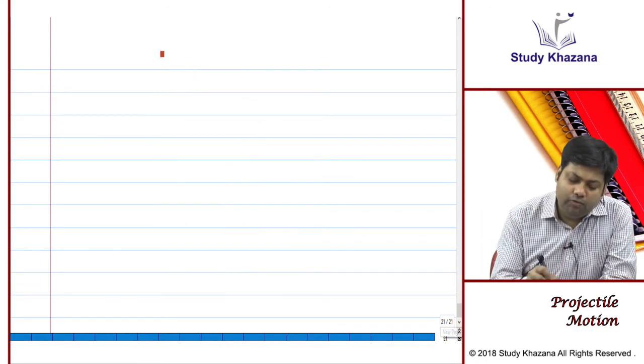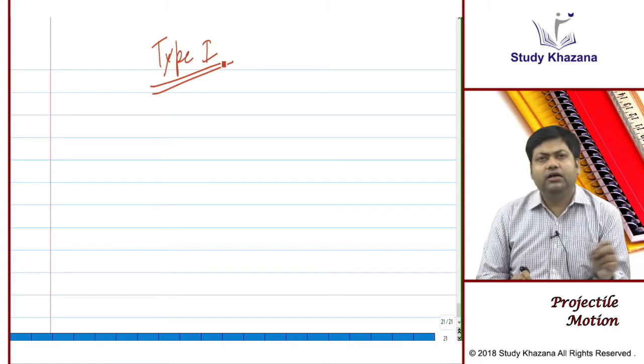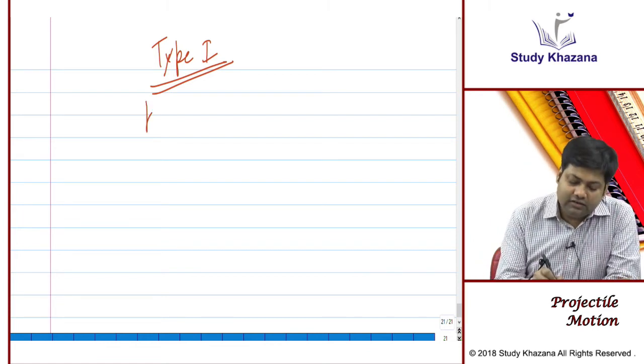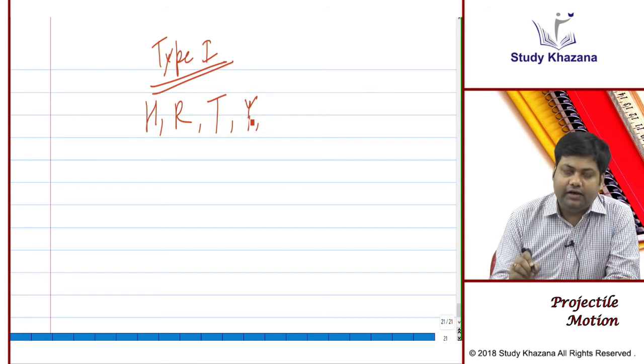So let's say the type 1 numerical could be the very basic numericals where you could be asked the value of the maximum height, range, time of flight, and let's say the equation of trajectory you might also have to use, so the value of y.